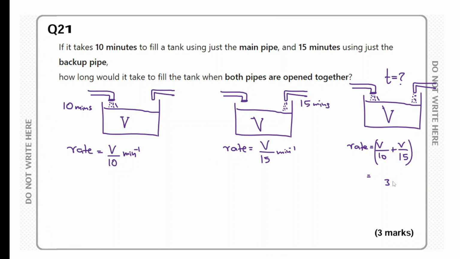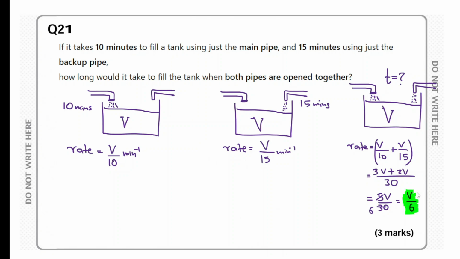So, 10 times 3 is 30, so that will be 3V, plus 15 times 2 is 30, so that top will be 2V. 3V and 2V is 5V over 30. You can simplify this 5 with this 30. So the rate is now V over 6. So this V over 6 is the new rate when both are open.